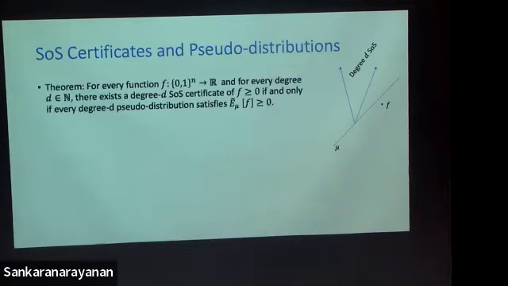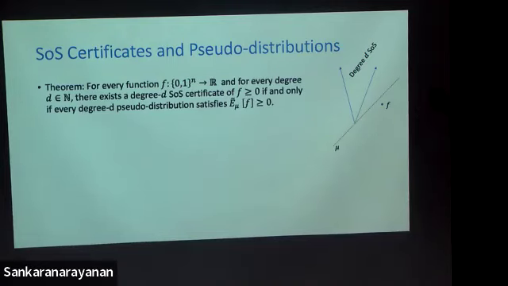Right, okay. So to summarize what we said 2 slides ago: for every function f and for every degree d, there exists a degree d SOS certificate if and only if every degree d pseudo distribution satisfies that the pseudo expectation of f is greater than or equal to 0. This again you can prove by this picture.